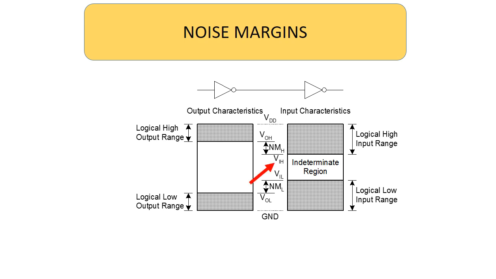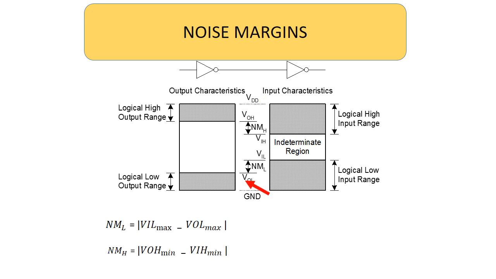First one is VIH minimum, which is the minimum high input voltage. The second quantity is VIL maximum, which is the maximum low input voltage. The third term is VOH minimum, which is the minimum high output voltage.